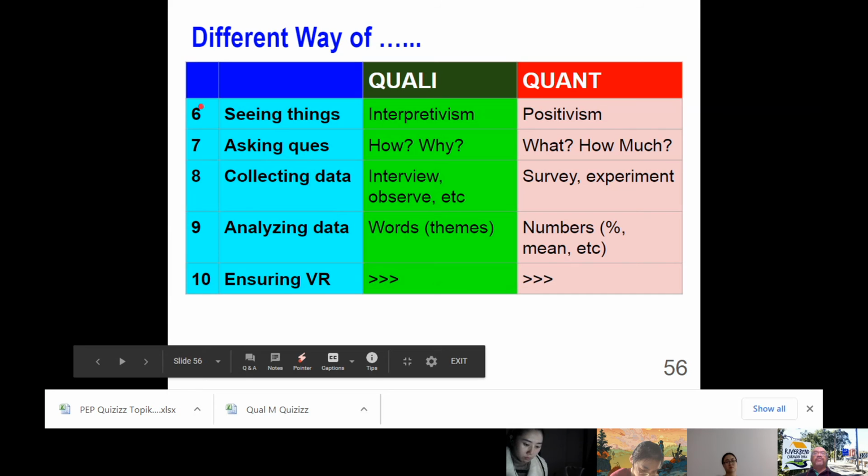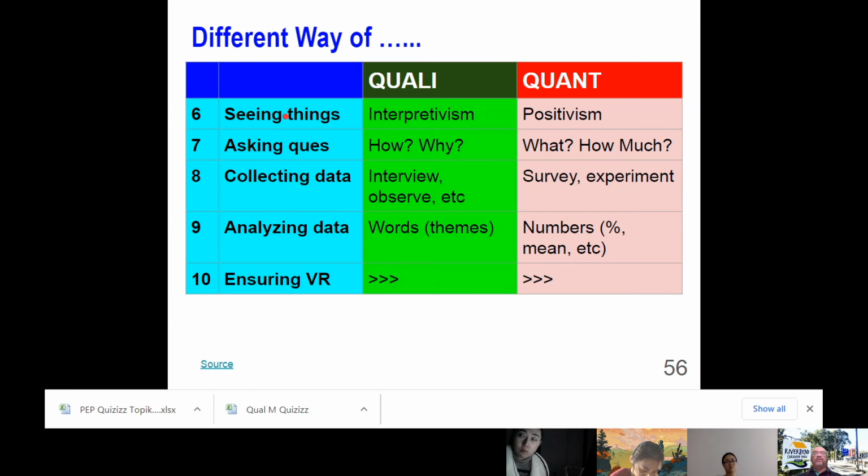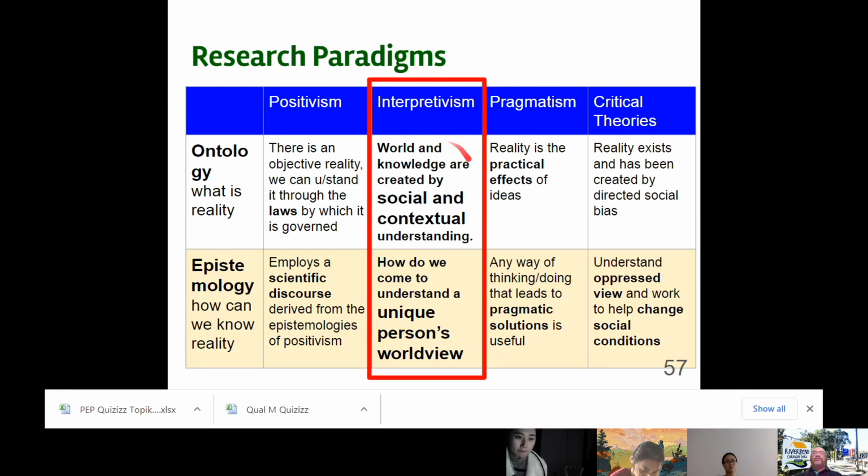Let me go to the first one, about the philosophy. We just concentrate on this because this is the qualitative one. I think you remember last time I told you these two big words: positivism and also interpretivism.